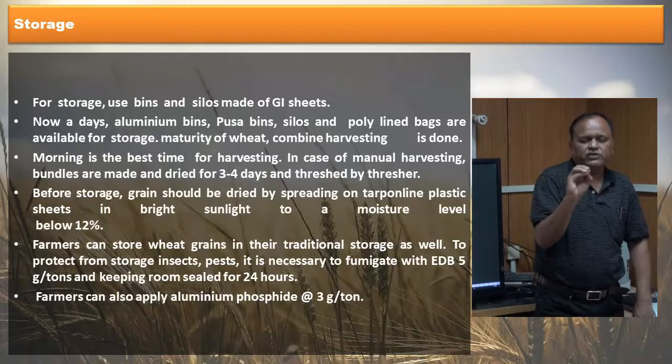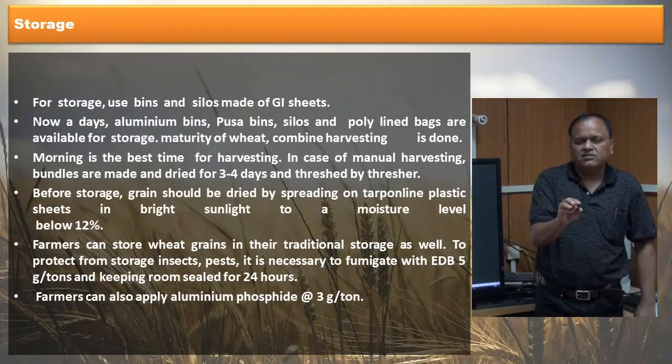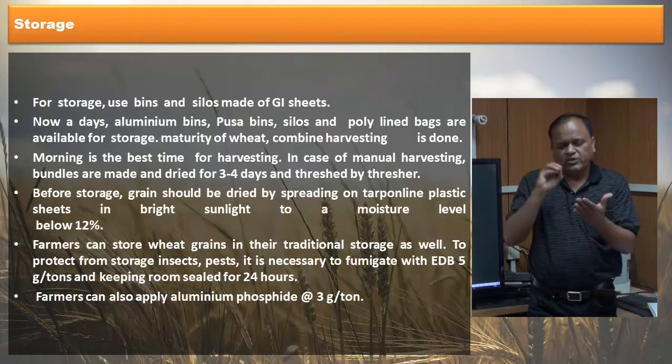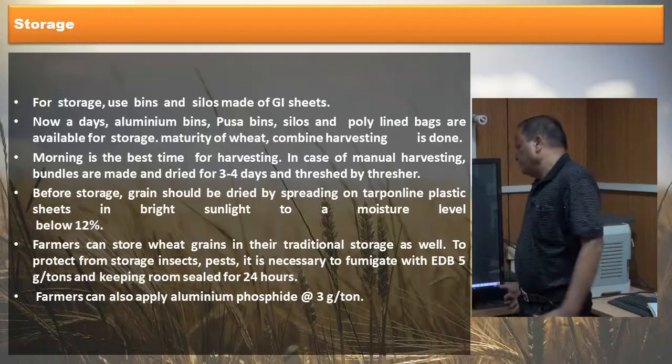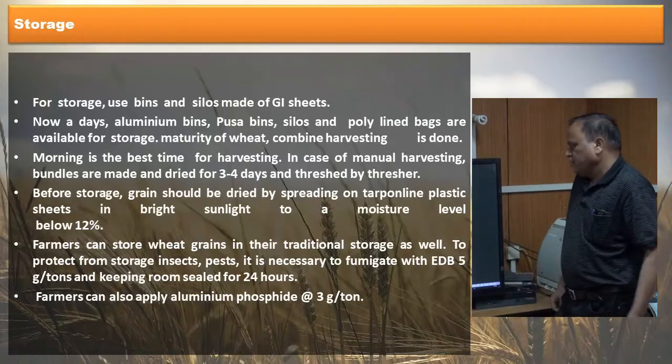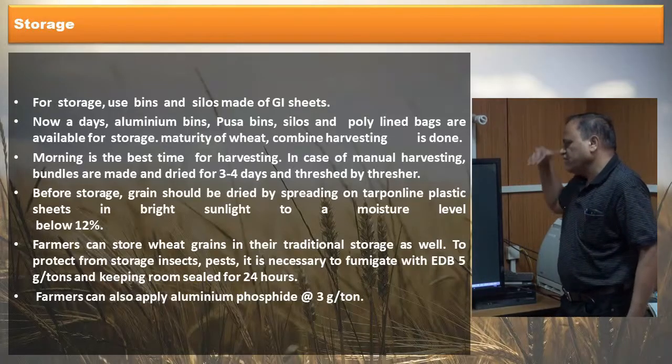That must be 12%. So you have to dry the grains until the moisture percentage comes to 12%. Then you can store the grain, and in that condition the moisture will be minimal, so the loss will be very less.